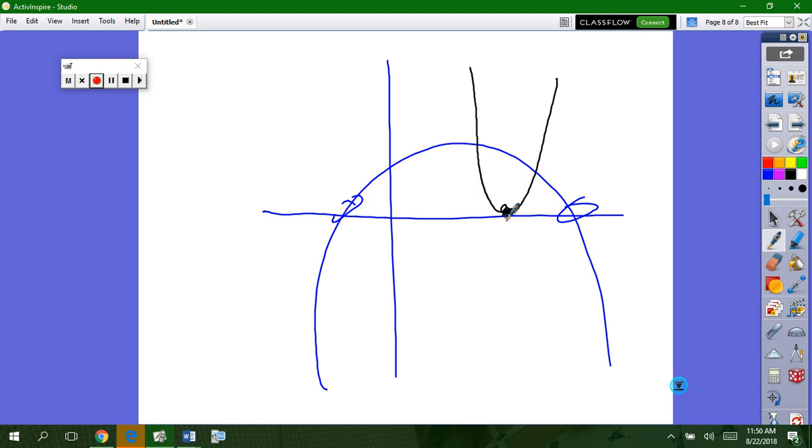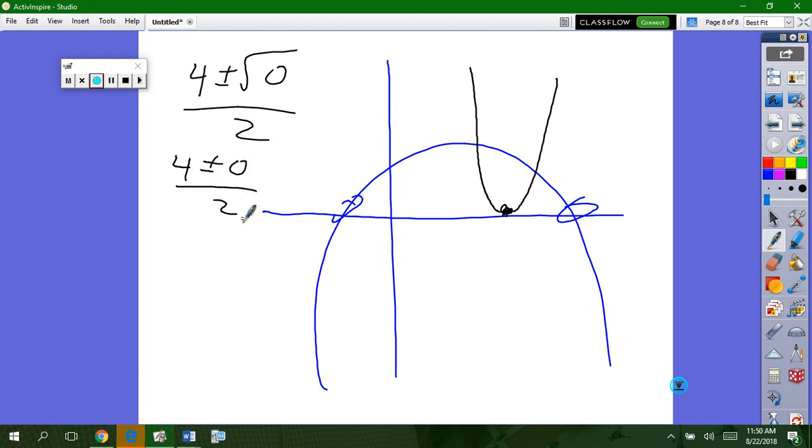Let me explain why. Let's say I had this after I did the quadratic formula. Okay, what's the square root of 0? 0. 0 times 0 is 0. So we have this, right? Which is 4 plus 0 over 2 and 4 minus 0 over 2.